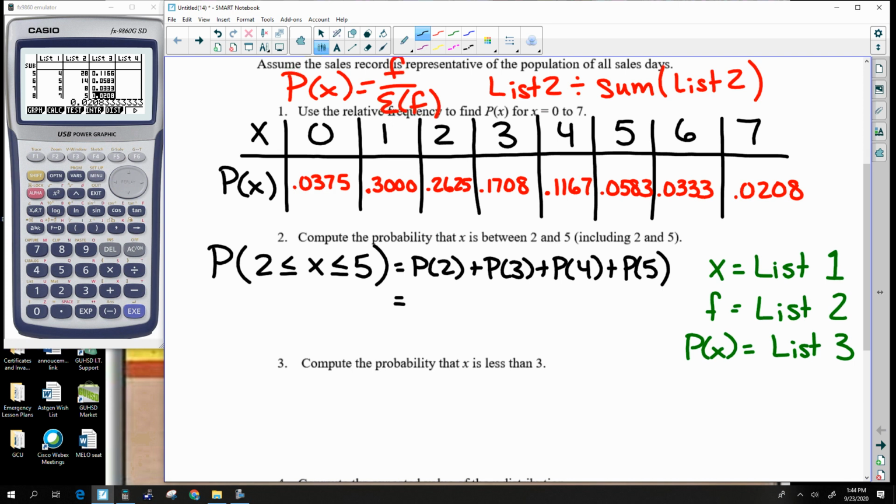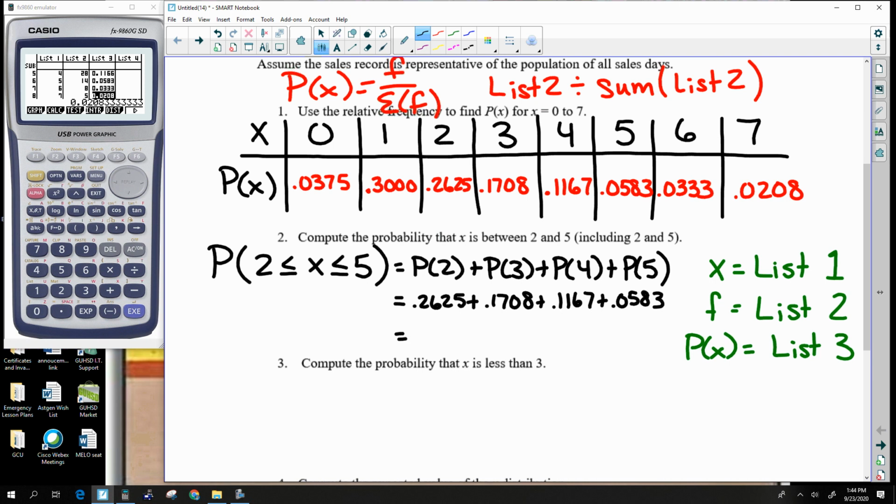And so I know those probabilities. The probability of 2, for instance, is 0.2625. 3 is 0.1708. 4 is 0.1167. And 5 is 0.0583. Those are the individual probabilities.